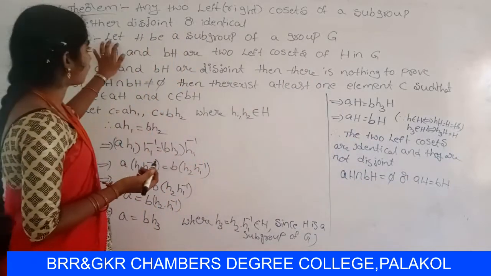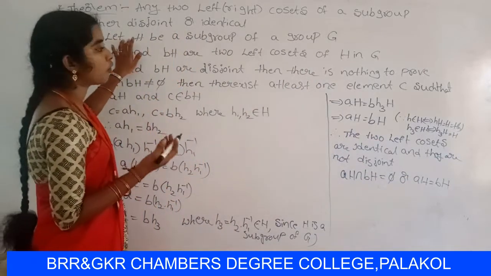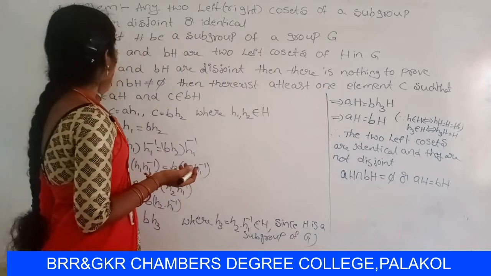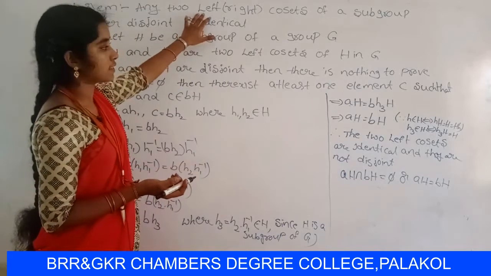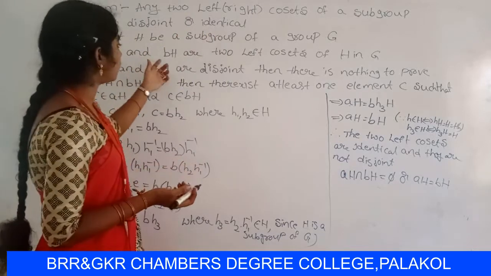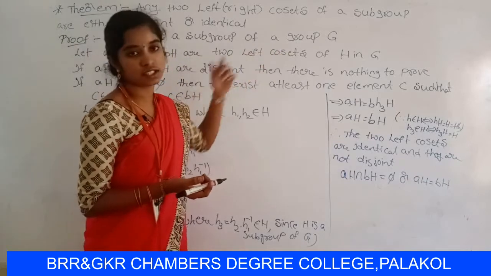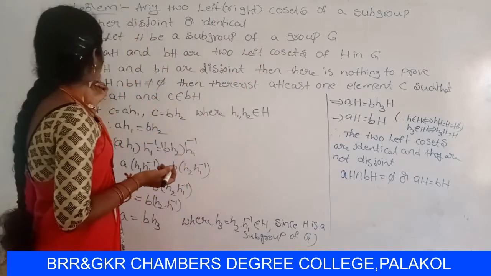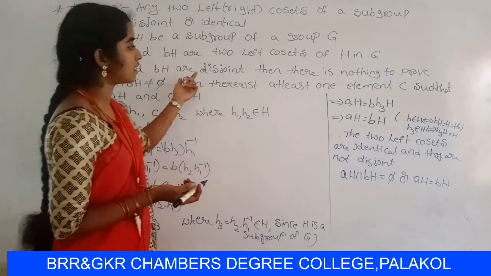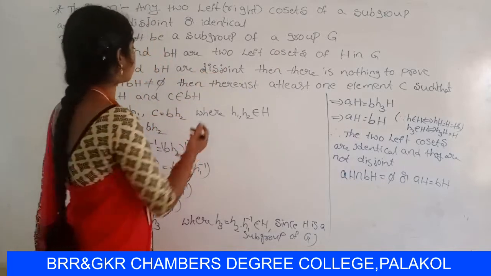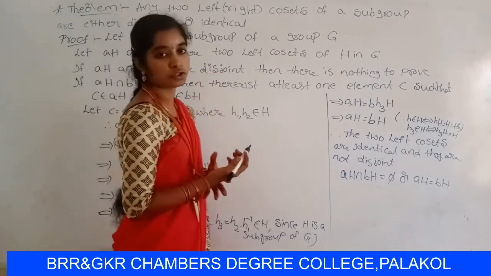First of all, let H be a subgroup of a group G. Consider left cosets. Let AH and BH be two left cosets of H in G. If AH and BH are disjoint, then there is nothing to prove.